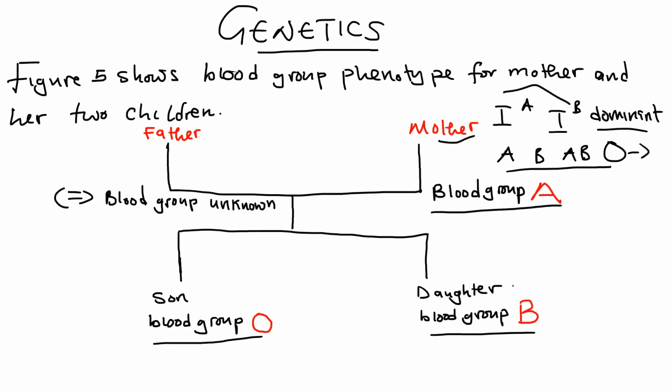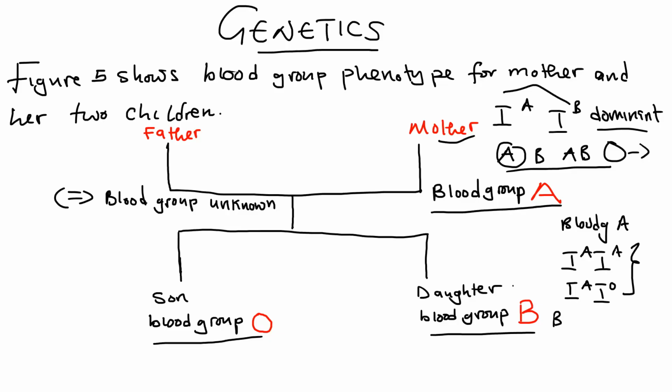Now, aside from that, it's very important to look at the genotypes. For blood group A, the possible genotypes are AA and AO. We said blood group O is recessive, so these are the possible ones. Take note.